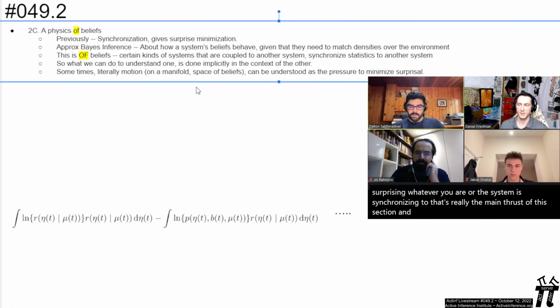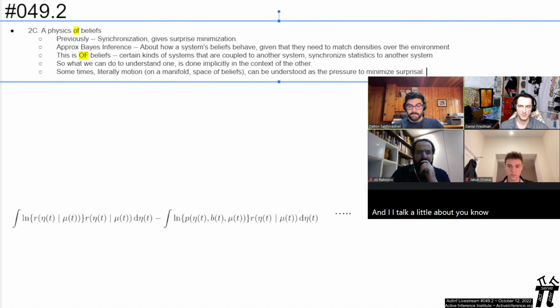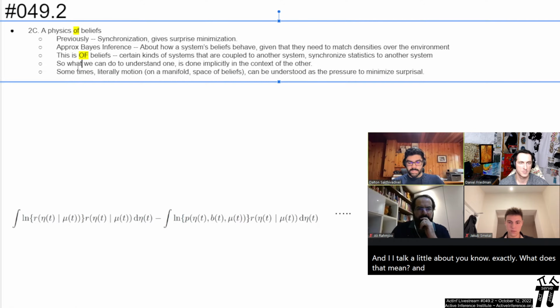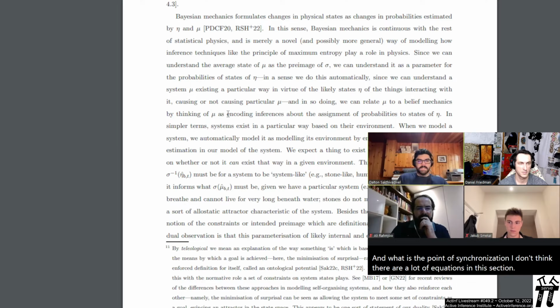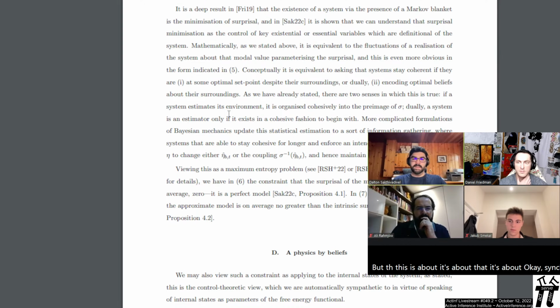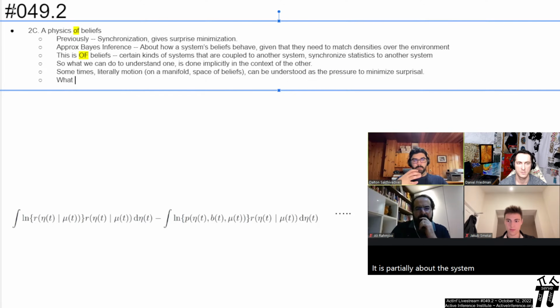And I talk a little about exactly what that means, and what the point of synchronization is. I don't think there are a lot of equations in this section. Synchronization is a thing that we've talked about a lot, in the context of minimizing surprisal, but it's important to set up the idea that when we talk about Bayesian mechanics, it is partially about the system itself, but what makes it special is that it's about the beliefs of the system.